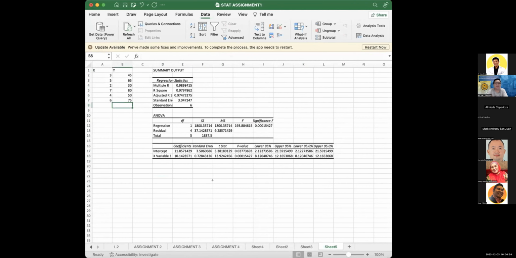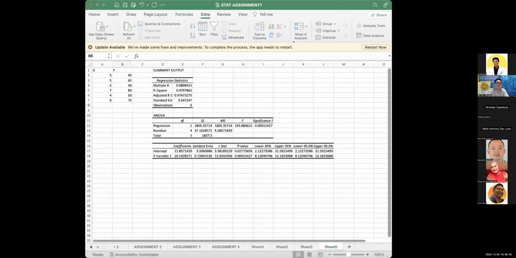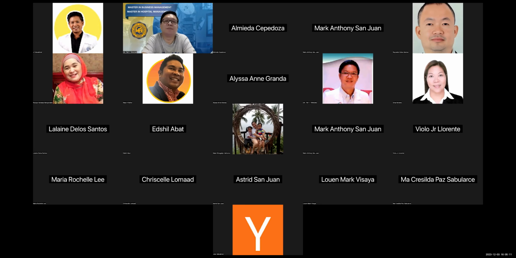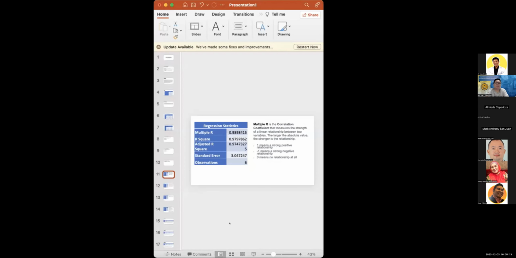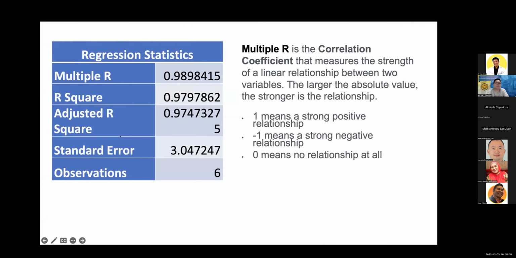Itong nasa ilalim. Tapos may ANOVA table din kasi nalalabas dyan. Although na-discuss na yan kanina, pakita ko na lang din kung paano kung anong mabilis lang. So, nabanggit na rin naman kanina kung ano itong mga to.